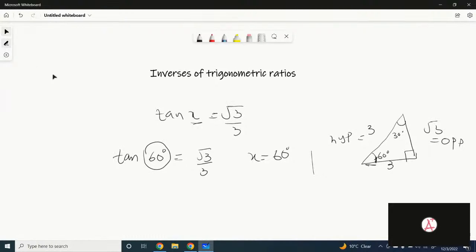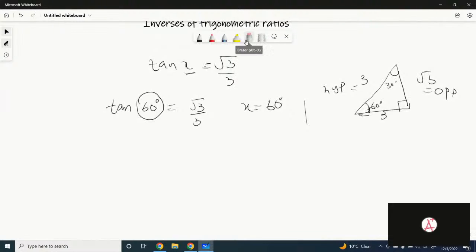Okay, the other case is this one, when you have this triangle: this angle is 30, this one is 60, and this one is 90. Got it?